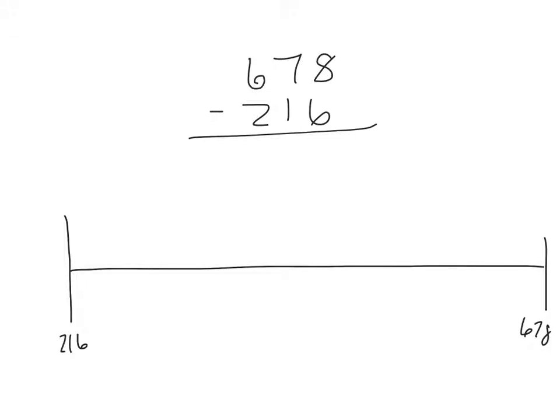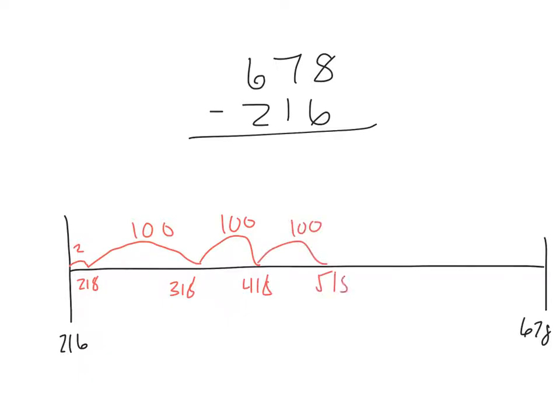Now to get from 6 to 8, I'm going to jump 2 and make this 218. Now I'm going to jump 100 for 318, another 100 for 418, another 100 for 518, another 100 for 618.